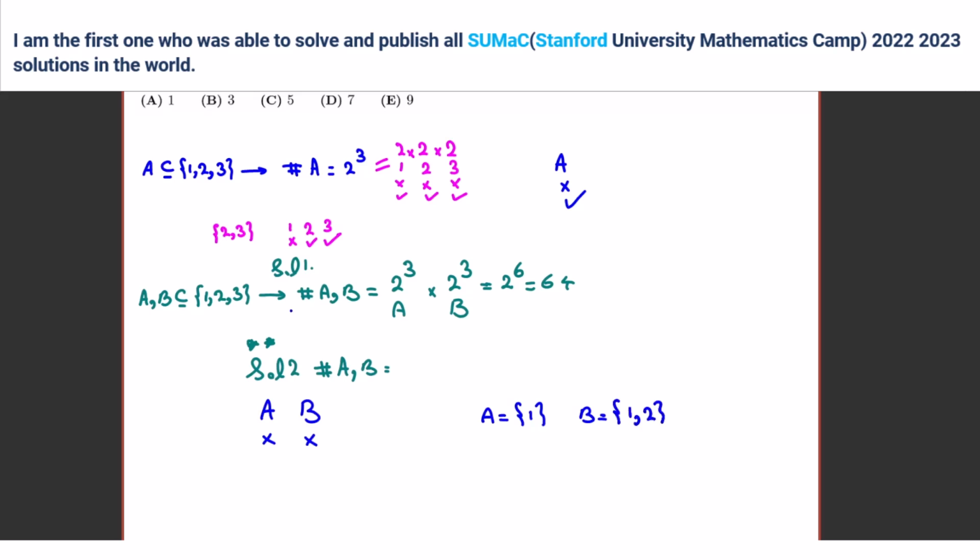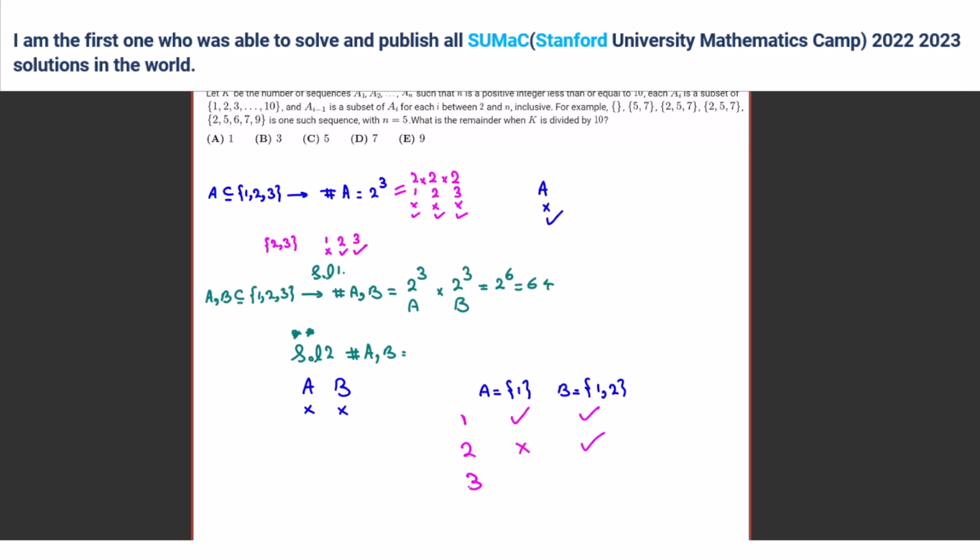So now let's check. For 1, it is check, check, right? For 2, cross, check, since 2 is not in A but is in B. For 3, it's cross, cross. Exactly.